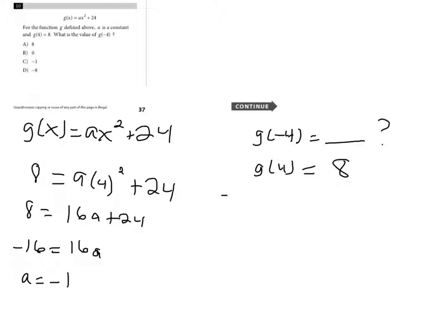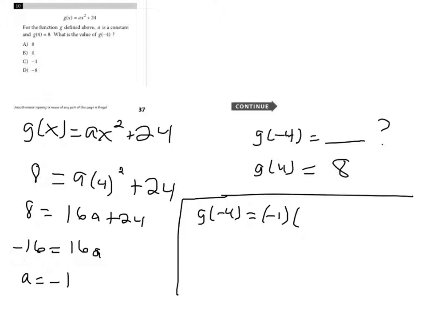What that allows us to do now is figure out what happens when x equals negative 4. So g of negative 4 equals, well, we know a is negative 1 and now we know x is negative 4. I'm going to work this out in 2 steps.